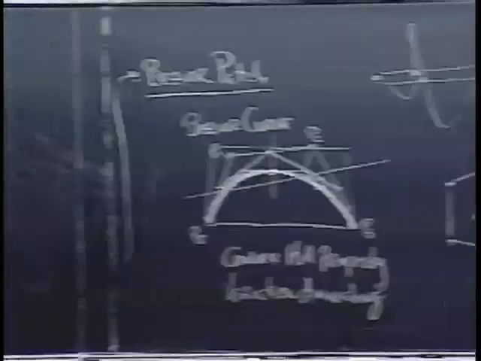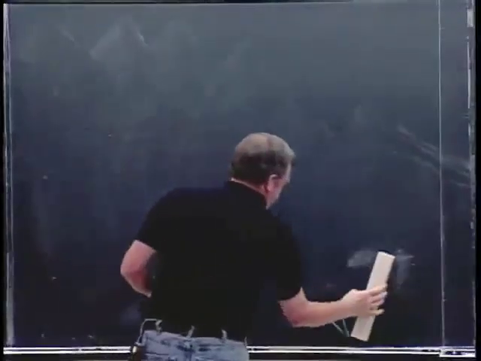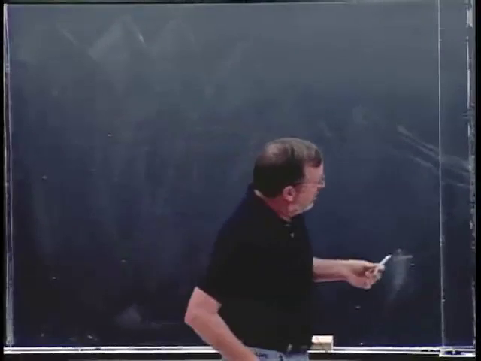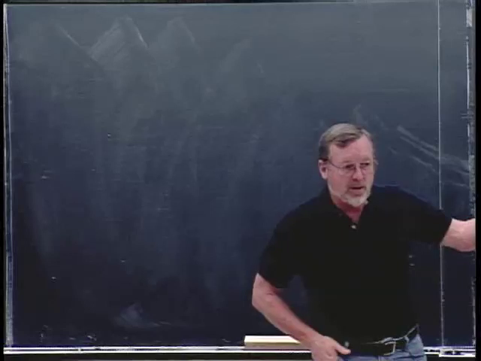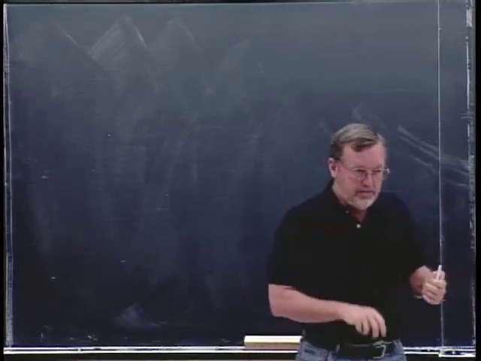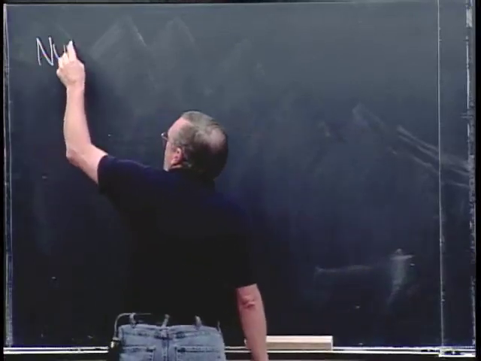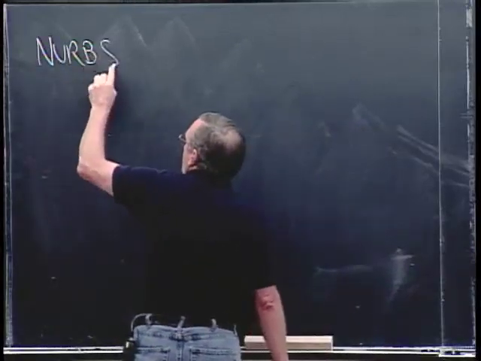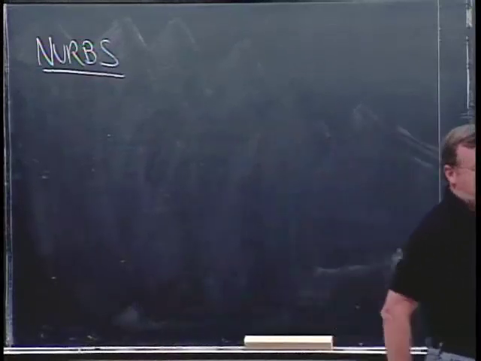So Bezier curves are cool, and we use them a lot. And we use subdivision curves a lot too. The biggest thing on Bezier curves that people don't like is the fact that they're hard to piece together. Okay? And there's something out there called NURBS, right?